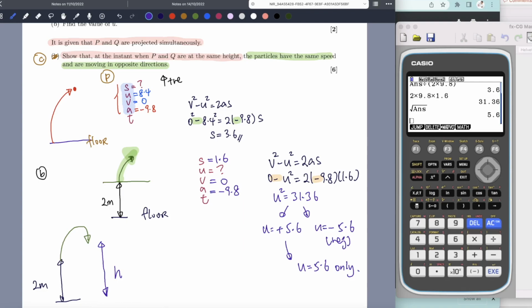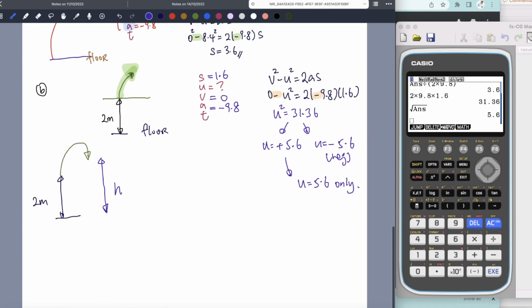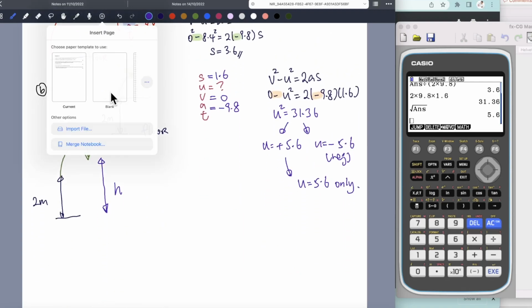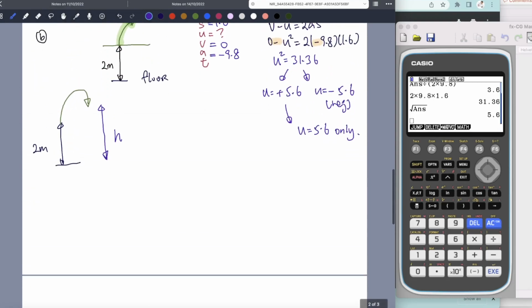But in your SUVAT, what you fill in is very important. What you are trying to fill in is what is going on with particle P and what is going on with particle Q, because they will meet at the point which is h meters tall. So what would be the additional height above 2 if this is the point where they meet?